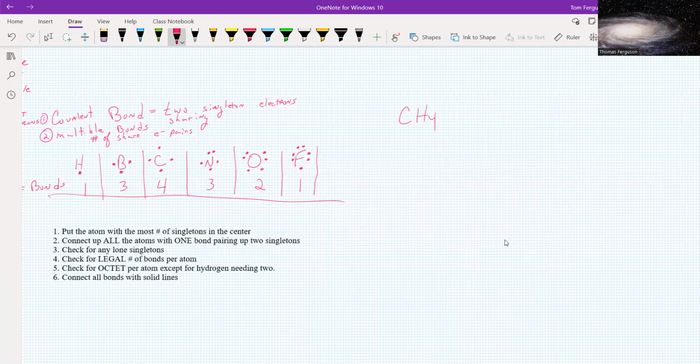Which has the most singletons, the carbon or the hydrogen? Carbon. So that goes in the middle. And the rest of the hydrogens, we're going to spread around the carbon.